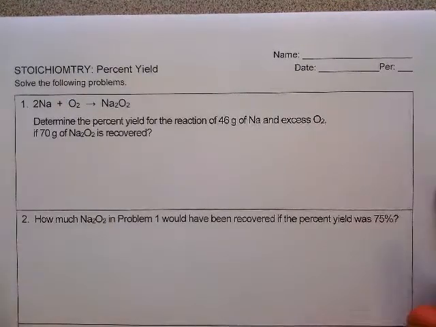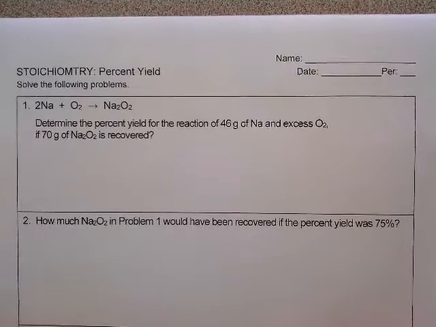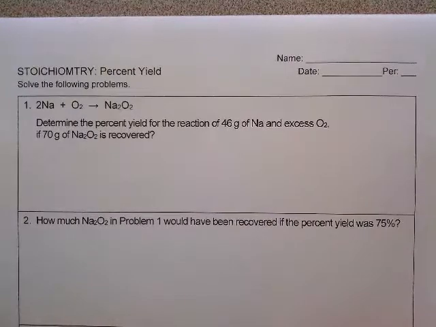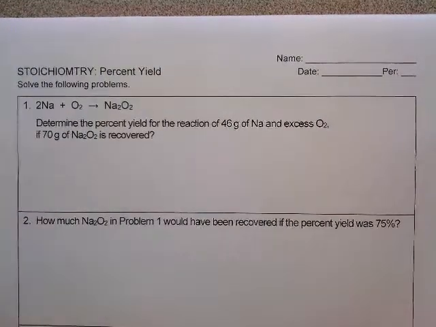And so you want to figure out how much you actually produce in terms of the reality as opposed to what, shall we say, the math says you're supposed to do.